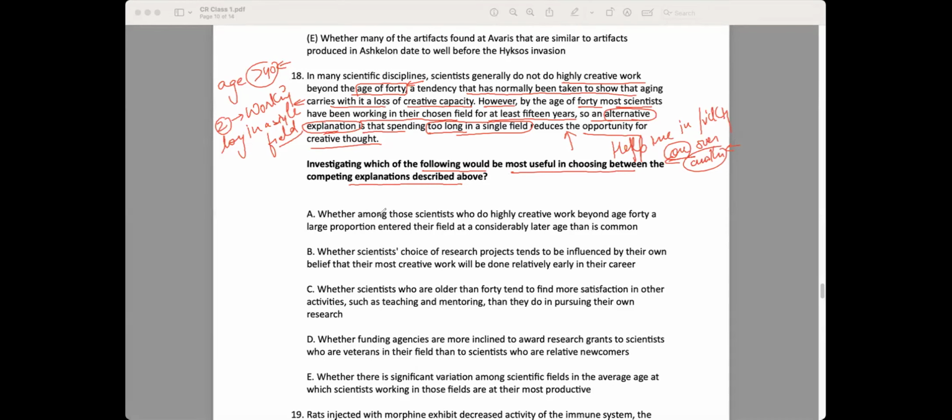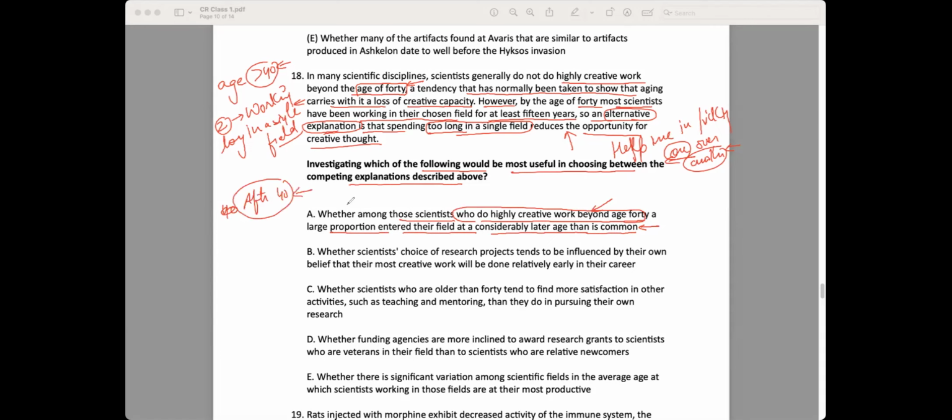Okay. Whether among those scientists who do highly creative work beyond age 40, a large proportion entered their field at a considerably later age than is common. Now we're talking about those scientists who are still doing creative work after age 40. That means there are some scientists who worked after 40.